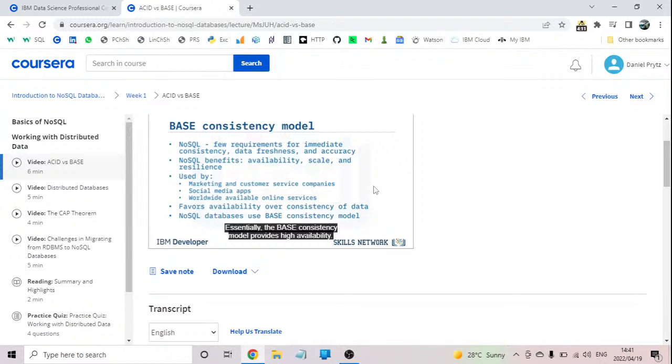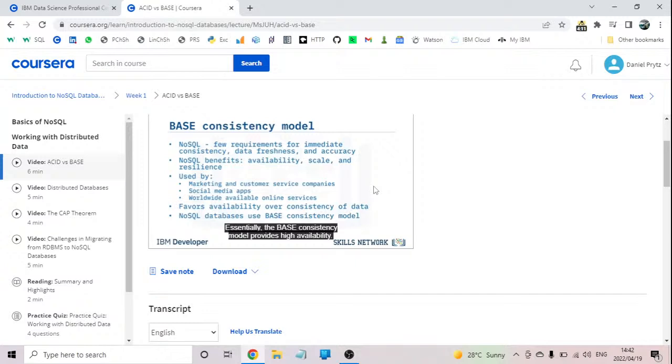ACID model, used by relational databases, ensures transactions are consistent. Used by financial institution data warehouses, writes data easily from many small transactions, best with relational databases, data integrity is fully consistent. One change of data in one table is reflected consistently in all other tables. BASE model used for NoSQL databases.